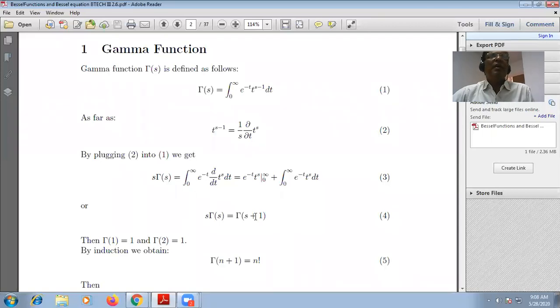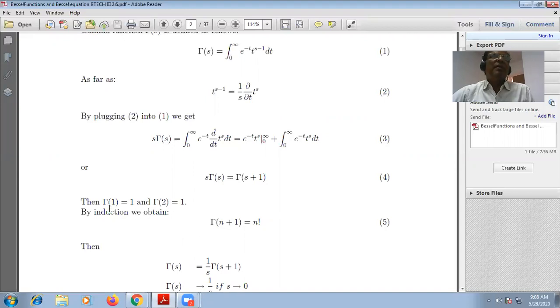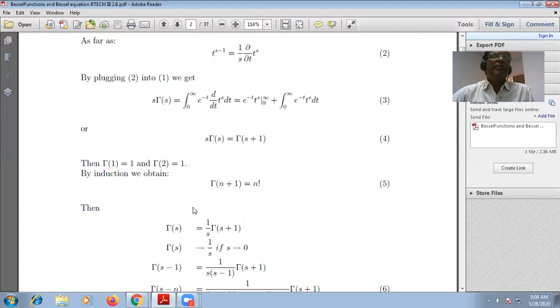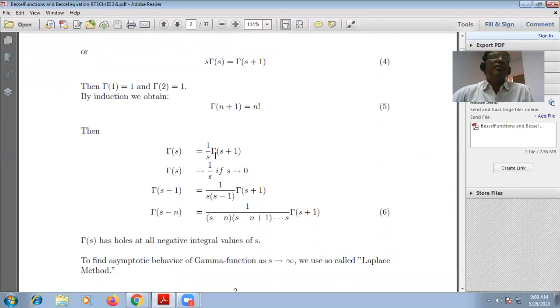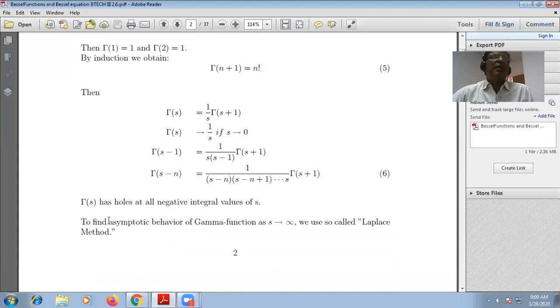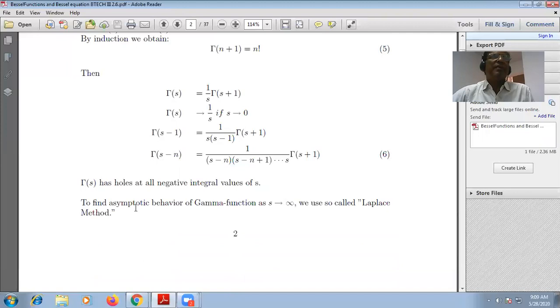This is just like writing factorial n plus 1 is n plus 1 times factorial n, the reverse of that. Then gamma 1 is equal to 1 and gamma 2 is equal to 1. By induction we obtain this result, and then we can find these values as written here. And gamma s has poles at all negative integral values of s.